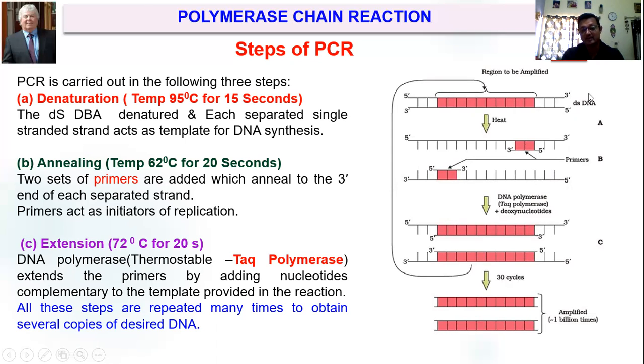Denaturation takes place at 95 degrees. Annealing, because you need to form hydrogen bonds, takes place at around 55 to 65 degrees. And extension, 72 degrees. Why? Because the optimum temperature for Thermus aquaticus is 72 degrees. So this is where it works.